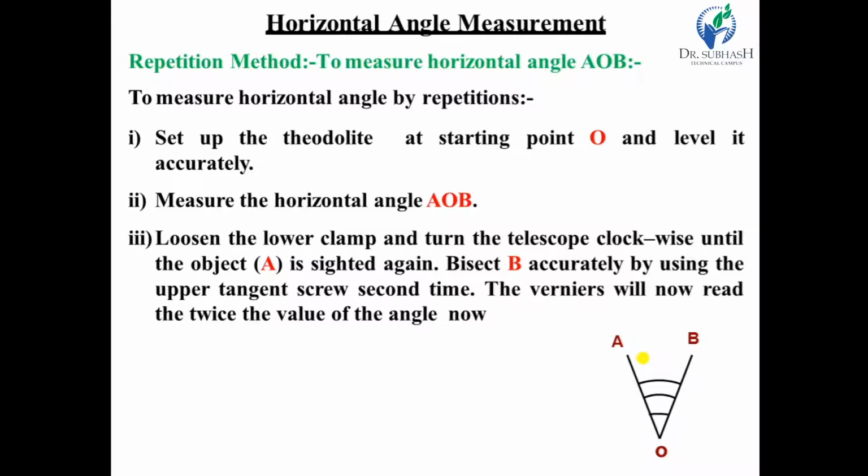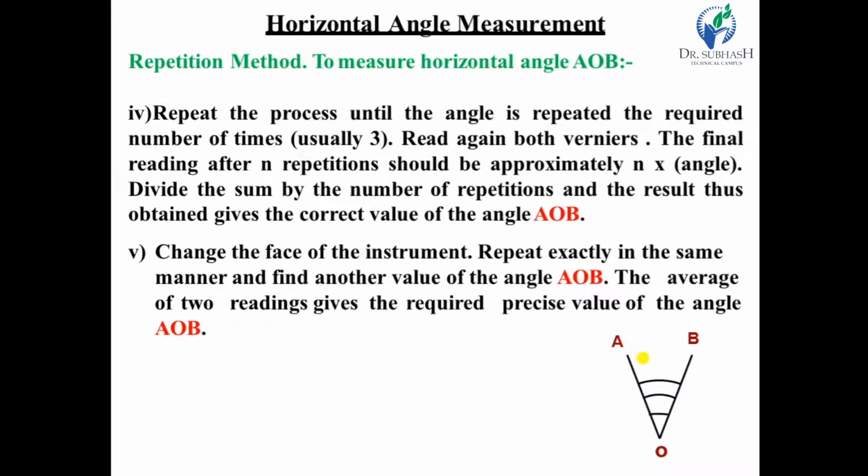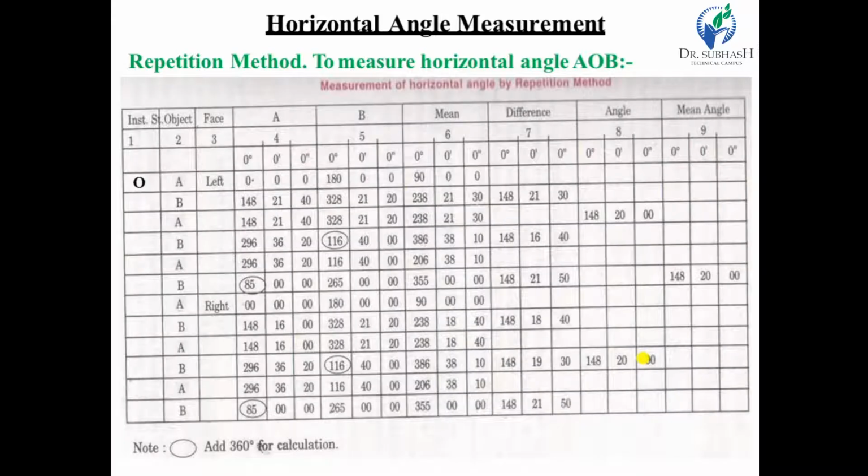The vernier will now read twice the value of the angle. Repeat the process until the angle is repeated the required number of times. Generally, it is repeated 3 times. After changing the face, we repeat this procedure 3 times and get the readings of different angles.